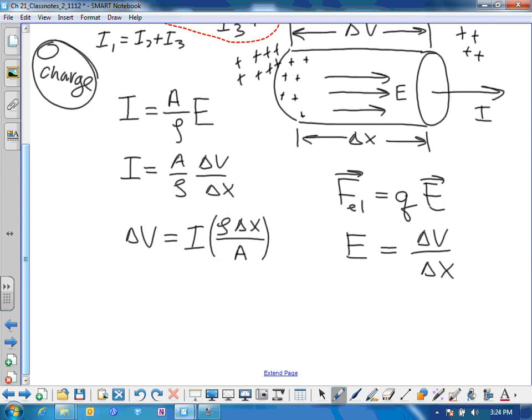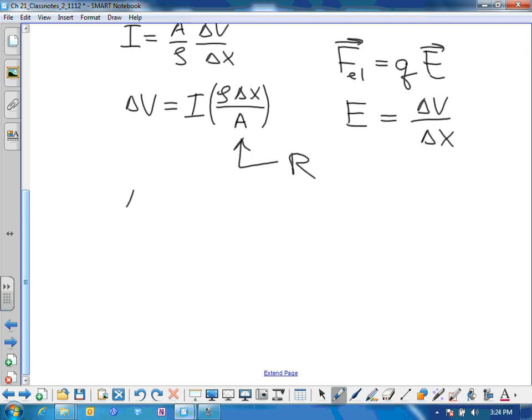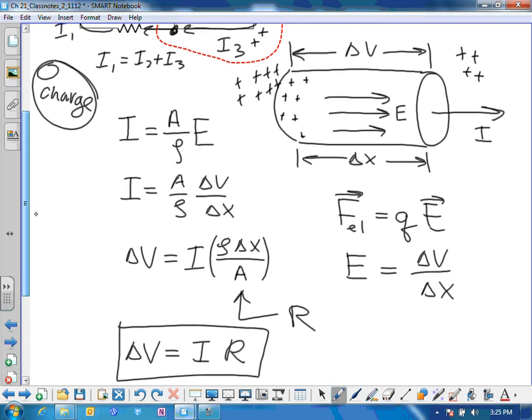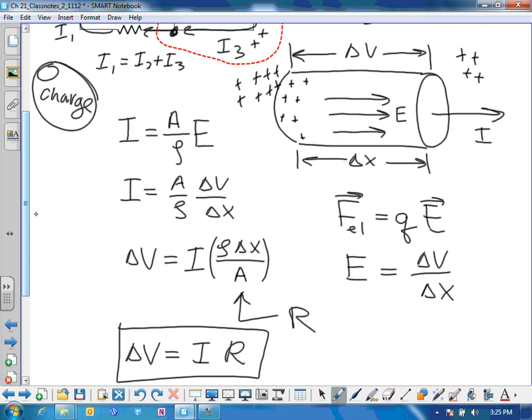This term we commonly refer to as resistance. Okay, and so this brings us to Ohm's law, which we can write then as the potential is equal to the current times the resistance. This is going to form the basis of analyzing all of our circuits in the next 2 screencasts.